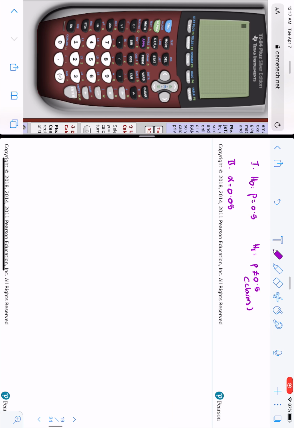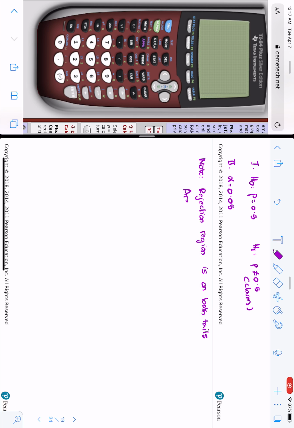The moment you recognize that this is a two-tailed test, the things that have to come to mind are the rejection region is on both sides or both tails.